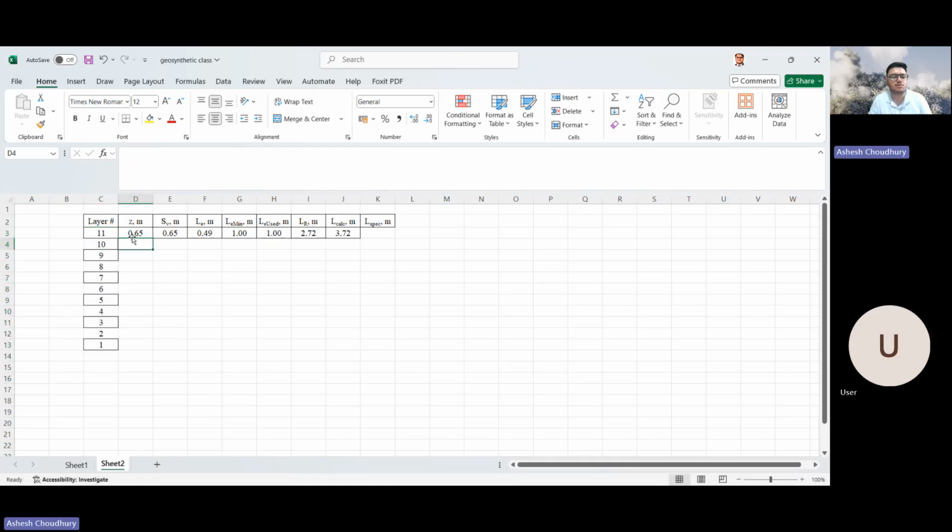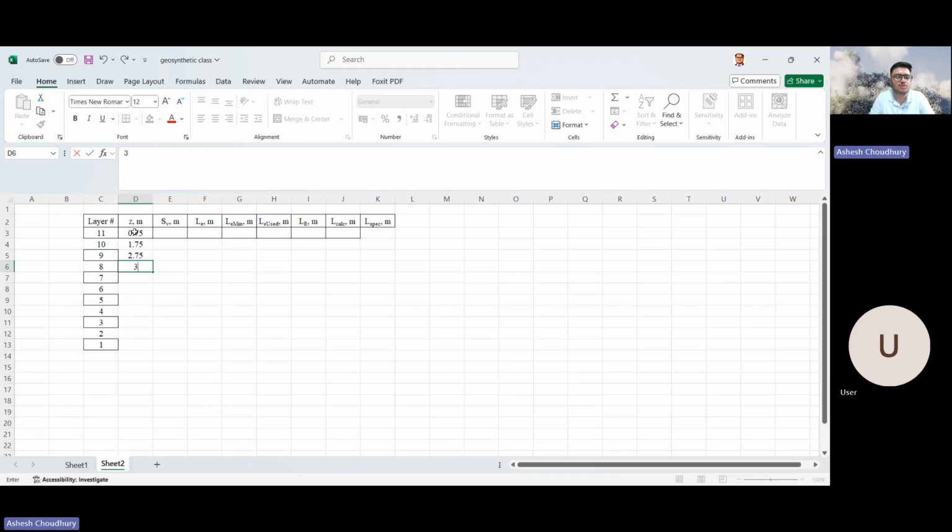Now what is the first step? 0.75. Then it is 1.75, with 1 meter spacing at the beginning. Then 1.75, 2.75. After that, you will get 0.5 spacing, because we calculated that we have to give lesser spacing. If you give 1 meter spacing, that won't be sufficient.